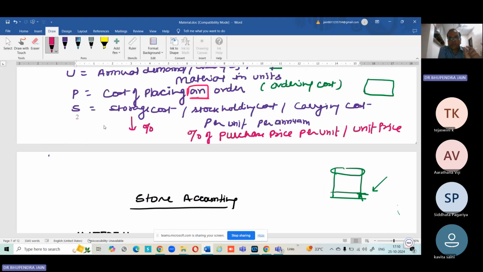If the storage cost is not given in the form of money, like 1 rupee, 2 rupees, 5 rupees, 10 rupees, but is given as a percentage, 5%, 2%, 3%, or 10%, then the percentage will always be on the purchase price per unit, or percentage of unit price. Both are the same.